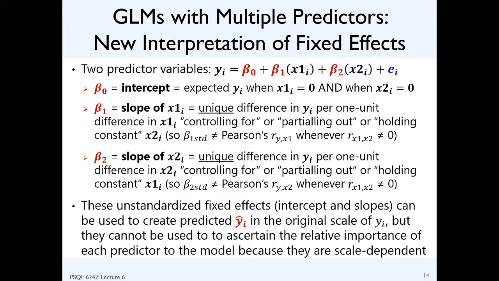You can also think of it in terms of residual variance for the predictors. So if you took x1 and predicted it from x2, you save the residuals, the part of x1 that's unrelated to x2, and you stuck that in the model instead of x1, that's what the slope would still give you.